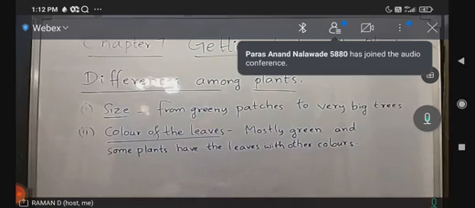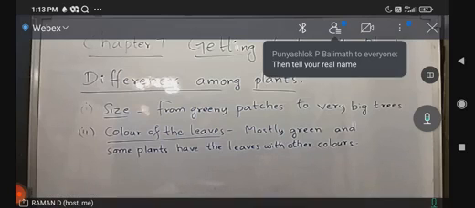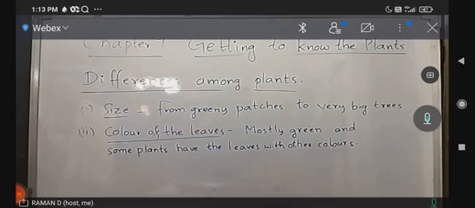Many plants have brightly colored flowers and bigger flowers. Some have small flowers and dull colored flowers. And some plants may not produce flowers at all.